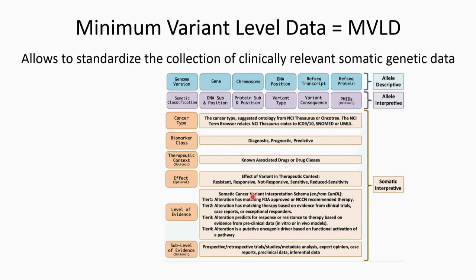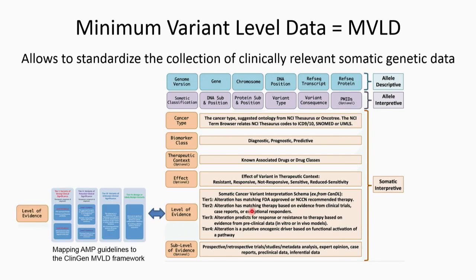So MVLD proposed one model for standardization and classification of evidence, but in the meantime, the ASCO-CAP guidelines came out that proposed a system for evidence classification and variant classification. So now MVLD is incorporating the classification system from these guidelines.